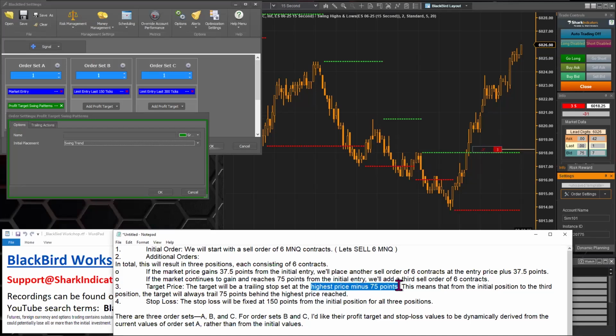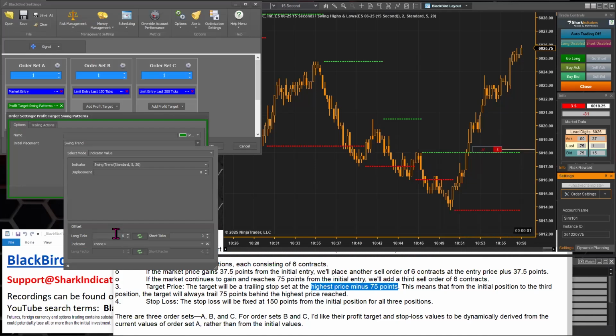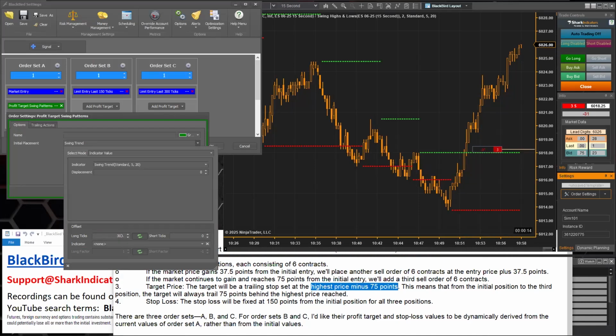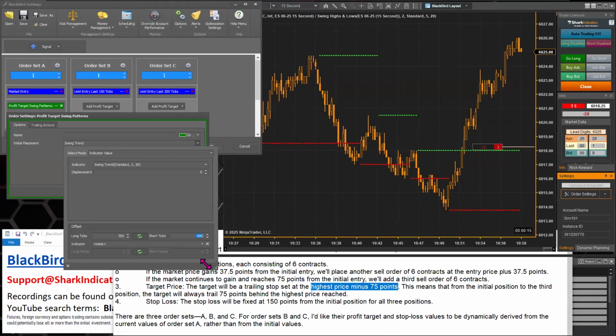All right, so we need to put in that 75 points. That's going to be 300 ticks. So if it's a short trade, then it's minus 300 ticks. Highest price minus 300 ticks for a short trade.